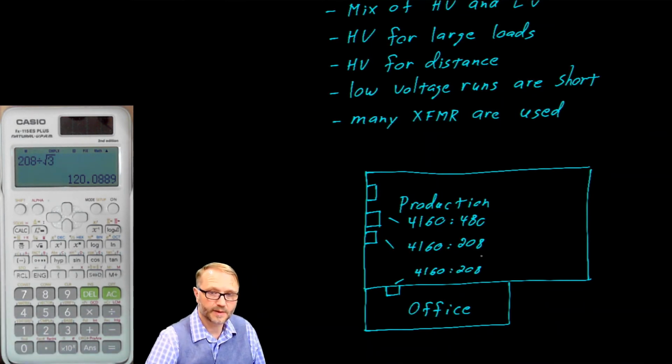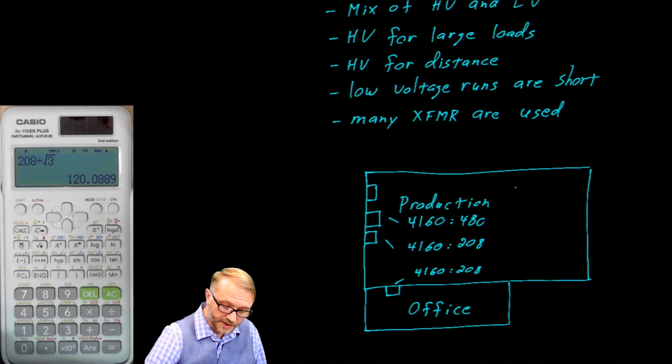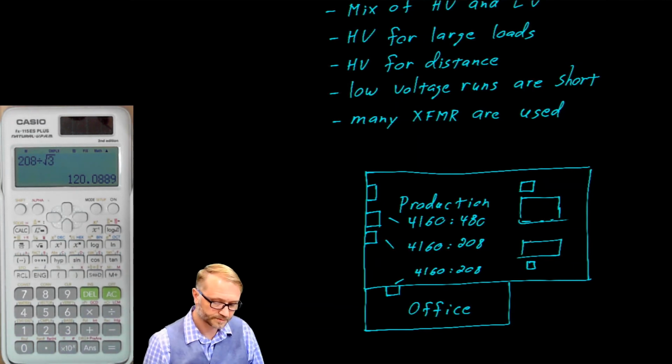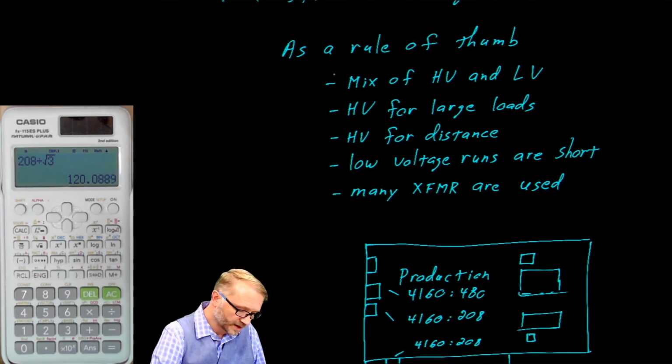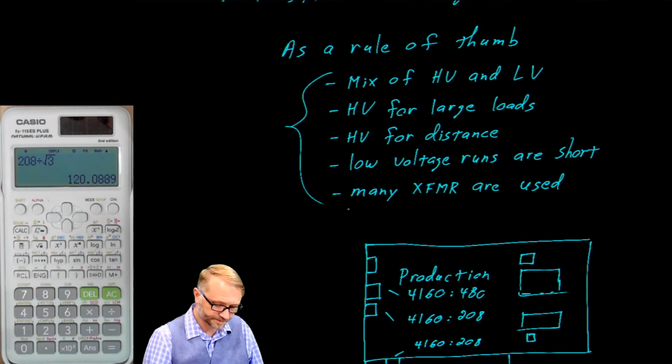And depending on how many machines are on the factory floor, you could even have a transformer here feeding this equipment, and maybe a transformer here feeding this equipment. Again, many different configurations. It very much depends on the factory's needs. But again, these are some rules of thumb that you can follow.